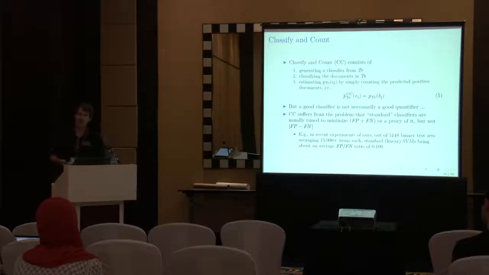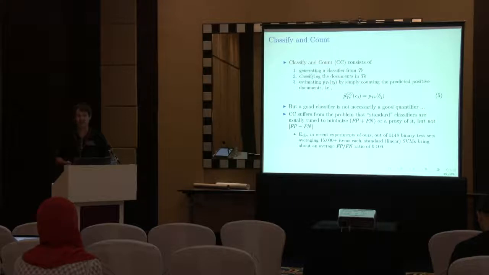So you have 1% of positives and 99% of negatives. So a trivial classifier that always says no would obtain a very high accuracy; it would get it right 99% of the time.